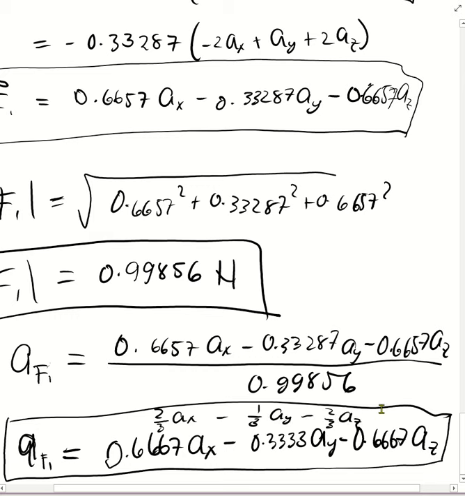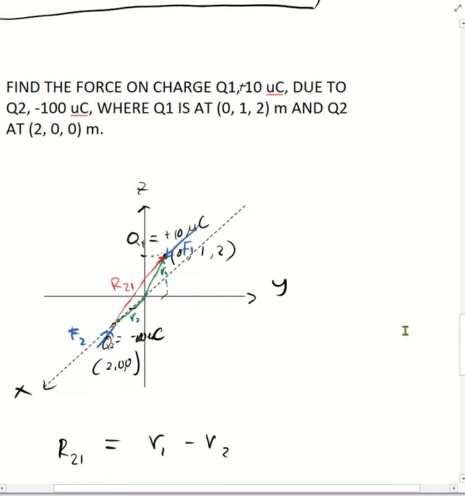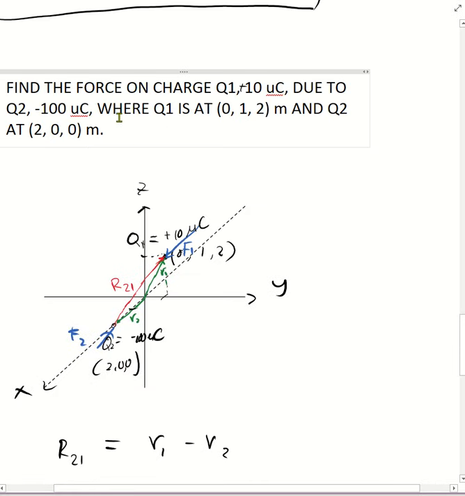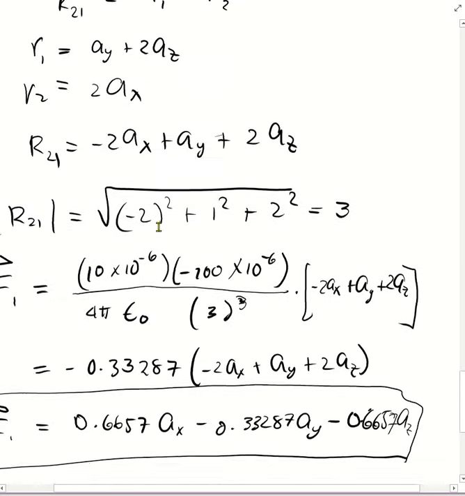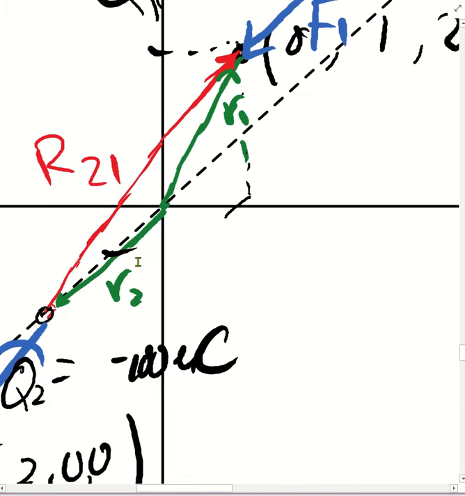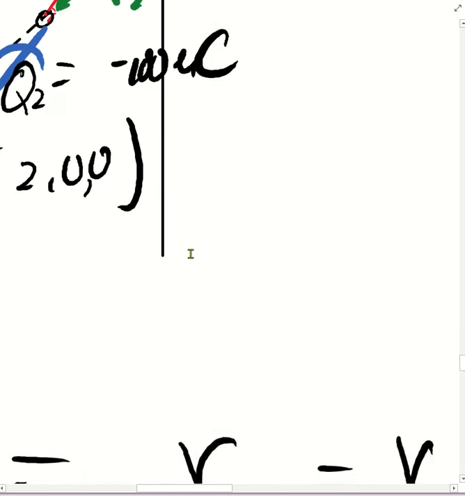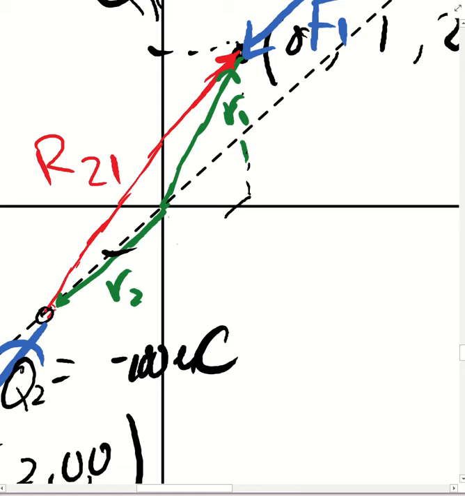So if we go back here, let's zoom in. So where is that point? So we have 2/3, positive 2/3 from here. If this is 1, so it's around here, 2/3. Then the other one is 1/3 in the y direction, and another 2/3 in the z direction.